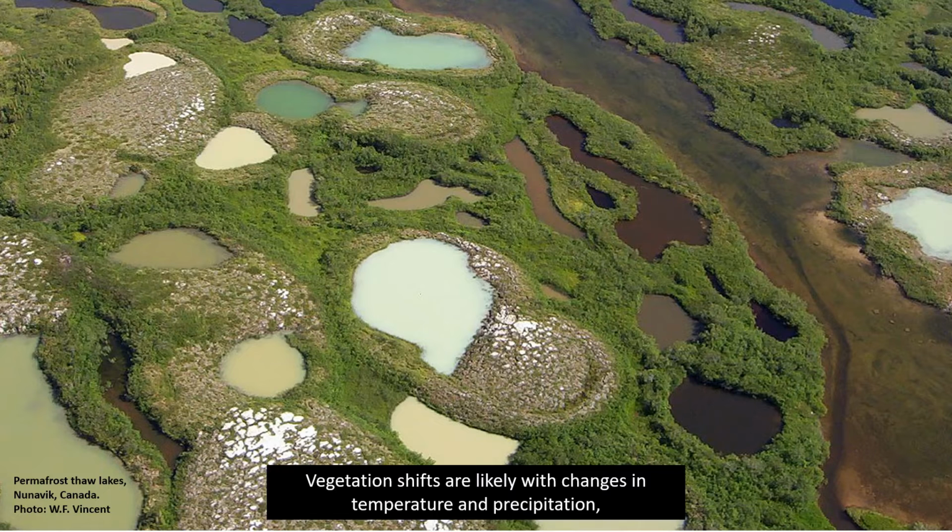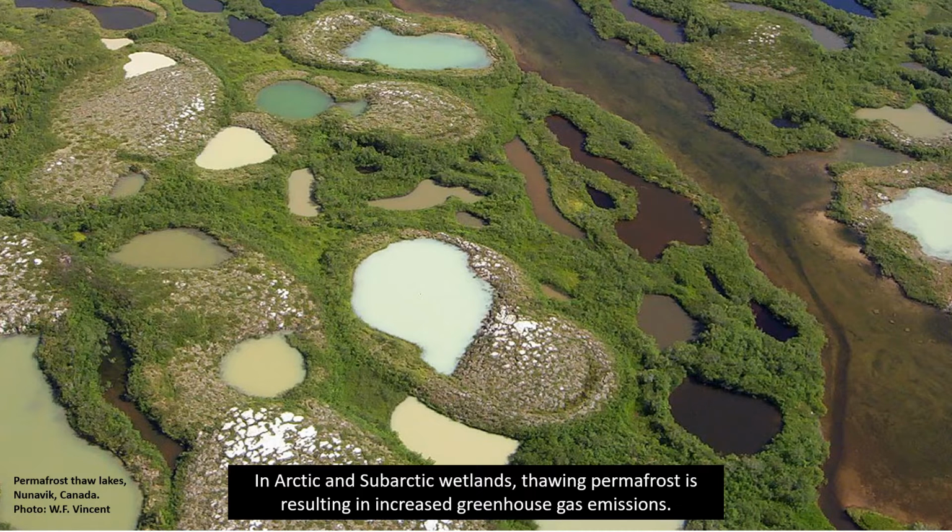Vegetation shifts are likely with the changes in temperature and in precipitation, with both positive and negative effects on carbon storage. In Arctic and subarctic wetlands, as shown here, thawing permafrost is resulting in increased greenhouse gas emissions.